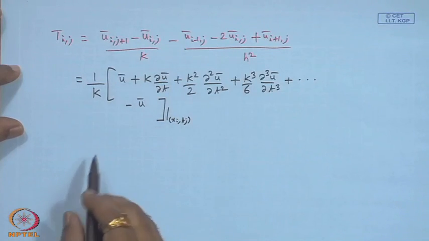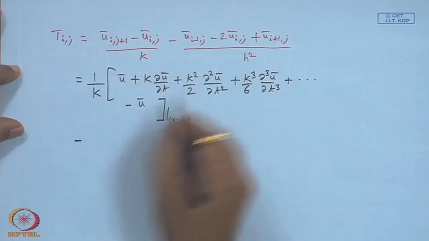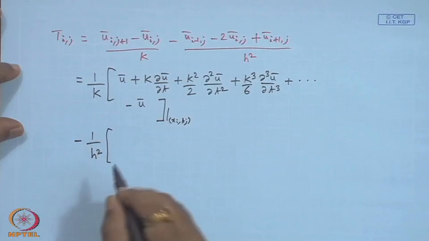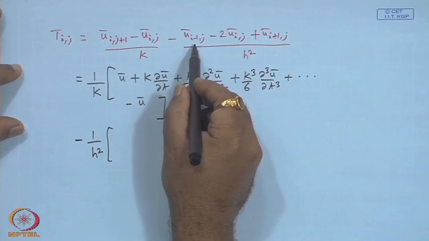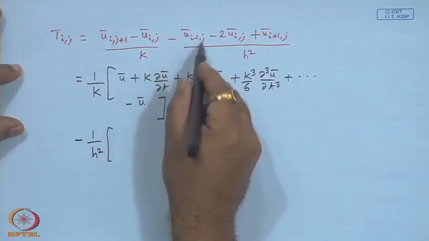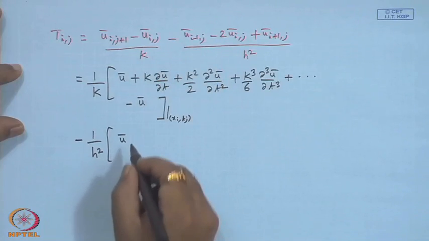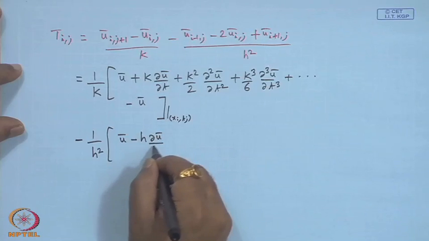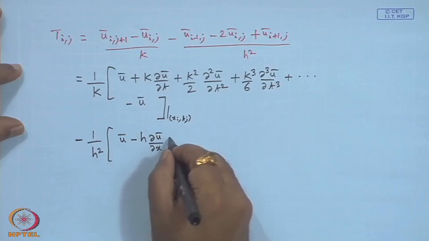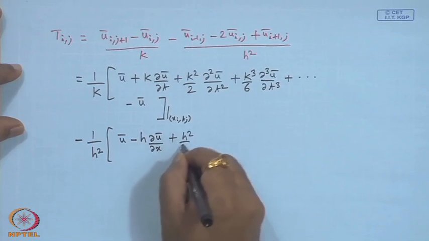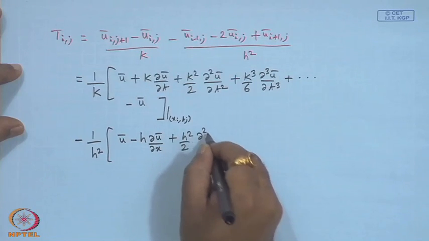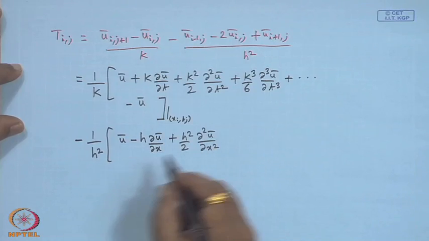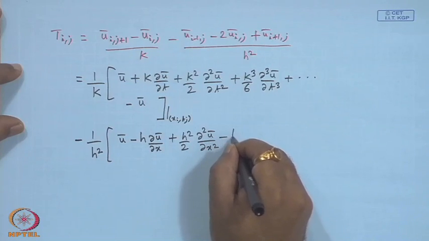Okay. Now, minus 1 over h square, u i minus 1 j. This will be u bar minus h, plus h square by 2, minus.